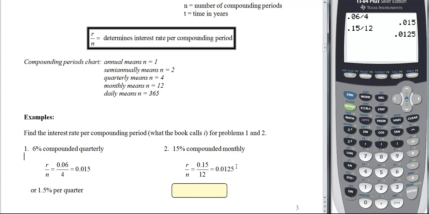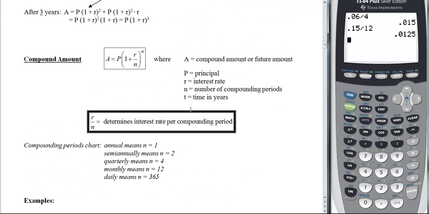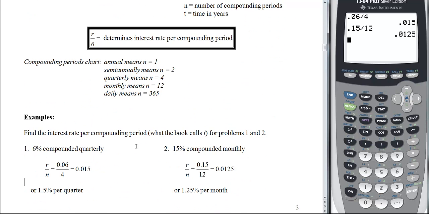Or we could say 1.25% per month. But now I think they're trying to get you used to finding what they call I, but I really wanted to do these problems so you could see the quarterly and the monthly. I want this formula on your formula sheet.